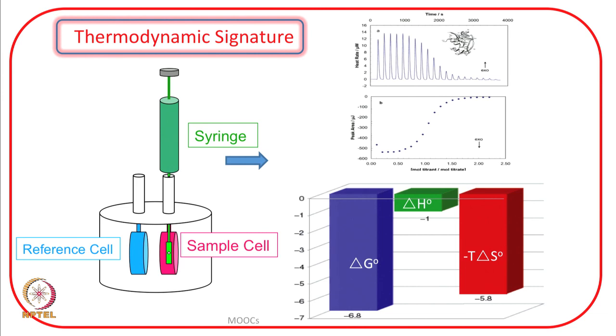I want to say something about the stoichiometry of binding N, its determination. N is usually called the stoichiometry of interaction, which is how many moles of ligand bind to how many moles of protein.